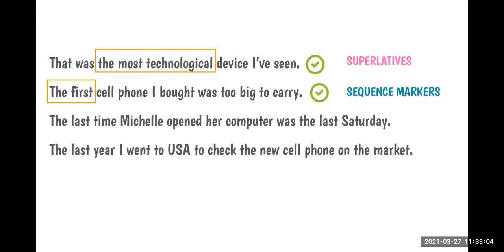She was the third best student in her class. So when we use these sequence markers, first, second, third, we can use the first, the second. Okay? What about the next sentence? The last time Michelle opened her computer was the last Saturday. Is this sentence correct? What do you think?